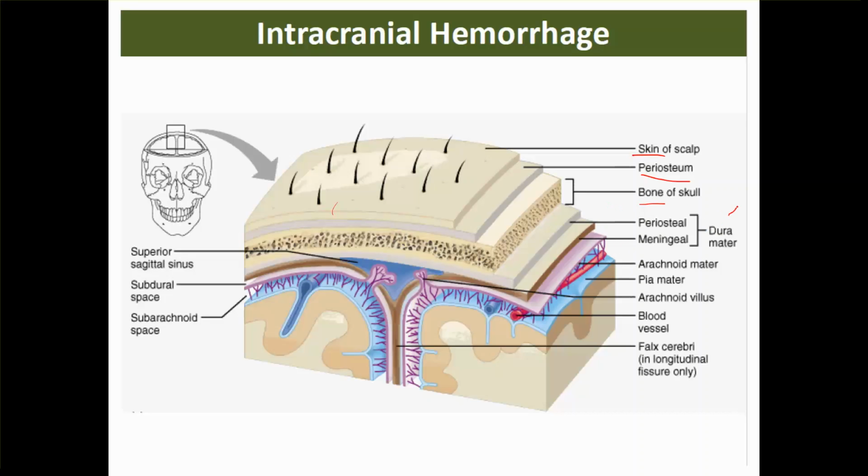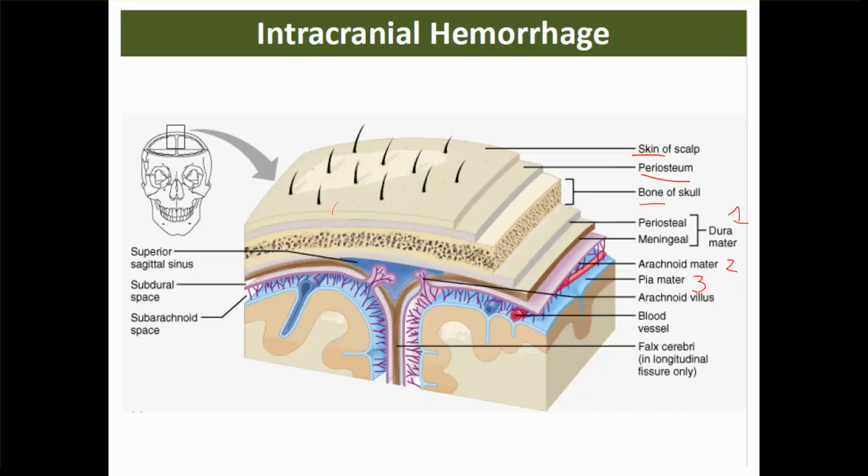First one, the outer one, is called dura mater, then you have arachnoid mater, and then pia mater, the innermost. The dura mater is further divided into periosteal and meningeal layer. Periosteal is very close to the bone, meningeal layer is towards the arachnoid. Then you can see arachnoid and then pia mater.